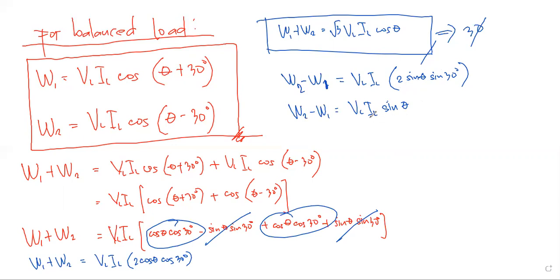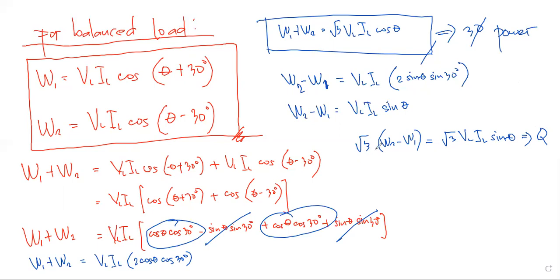If we multiply square root of 3 times wattmeter 2 minus wattmeter 1, this will result to square root of 3 VL IL sine of theta, which is actually the reactive power of the circuit.